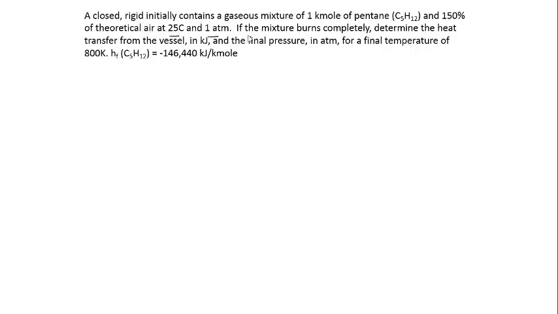If the mixture burns completely, determine the heat transfer from the vessel in kilojoules and the final pressure in atmospheres for a final temperature of 800 Kelvin. I give you the enthalpy of formation of that particular fuel. So let's write out the chemical reaction. I get 1 mole of pentane reacts with 8 moles of oxygen.